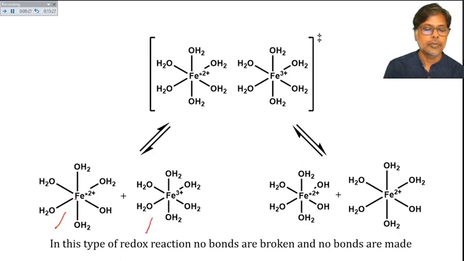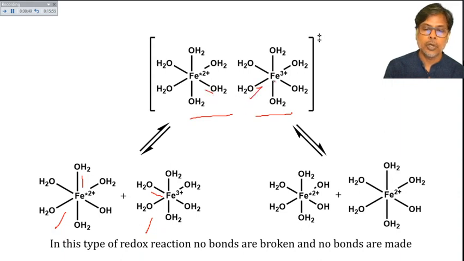You can see these are just a representation of the bond lengths, and iron 2 has the longer bond length and iron 3 has shorter bond lengths. And now in the activated complex, both iron 2 and iron 3 will have the same bond lengths. You have the same length here.